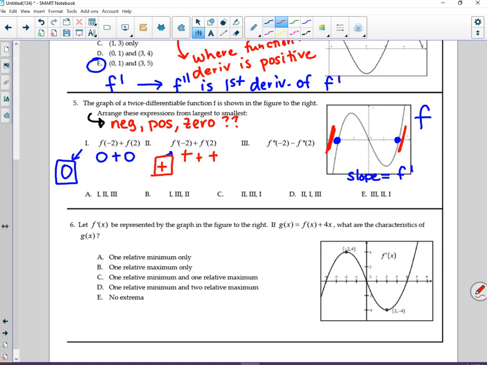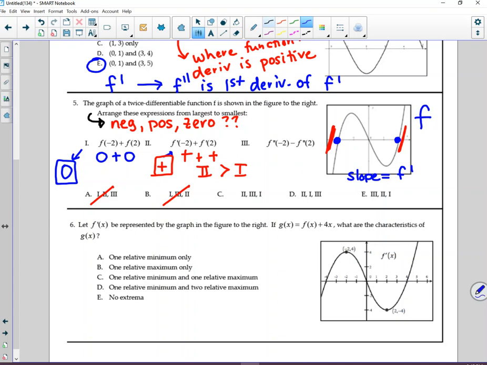And a positive is always bigger than 0. So expression 2 here is greater than expression 1. So 2 should be ahead of 1 for sure, because we're going to go big to small. So it should be 2 and then 1. So anything that doesn't have 2 and then 1, I threw away.